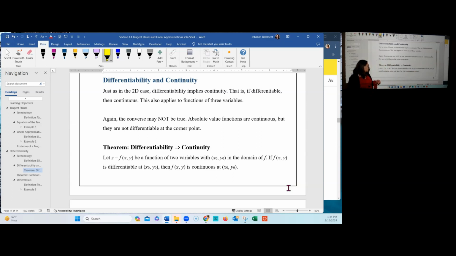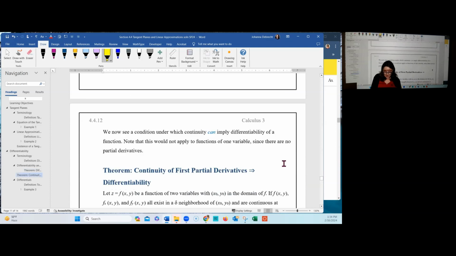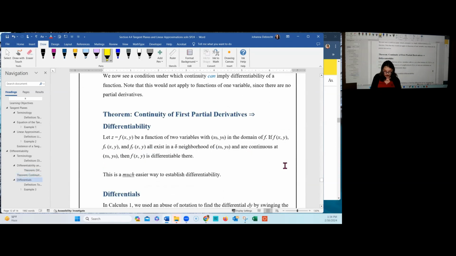If the function is differentiable at the point, then it must be continuous at the point. In other words, the same implication holds in the three-dimensional case that held in the two-dimensional. In the two-dimensional case, however, the implication did not go the other direction. Just because it was continuous did not mean it was differentiable.